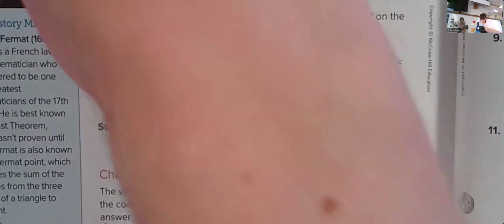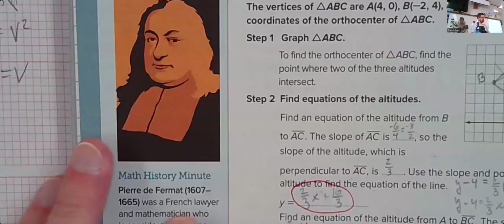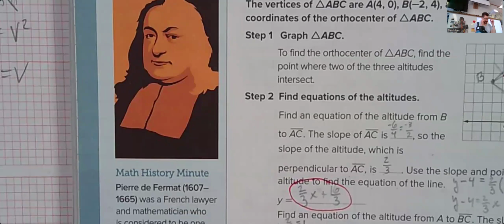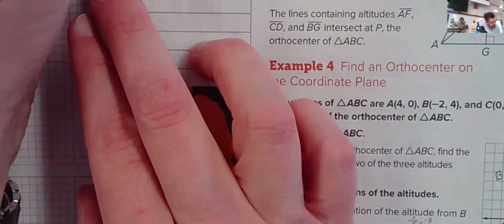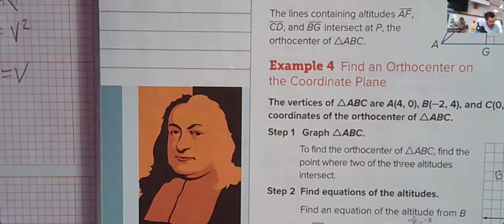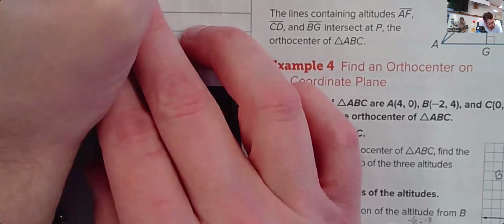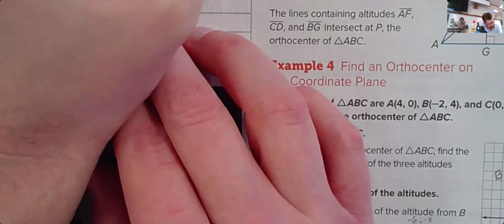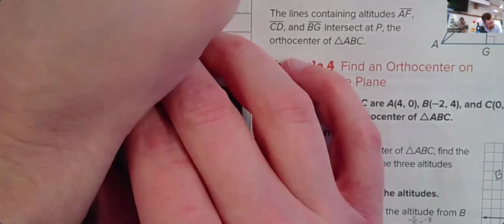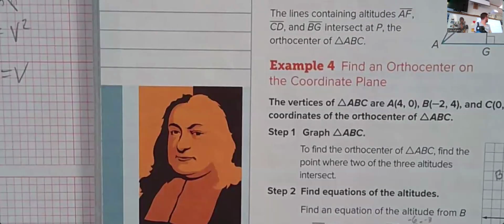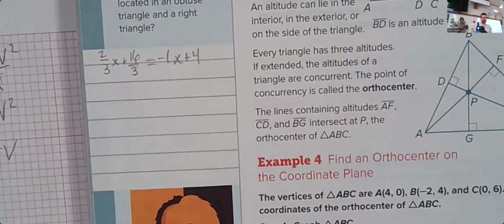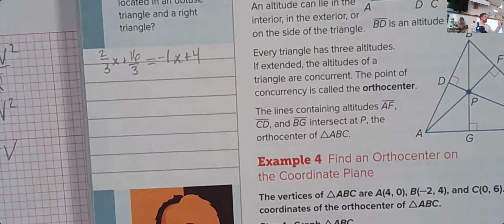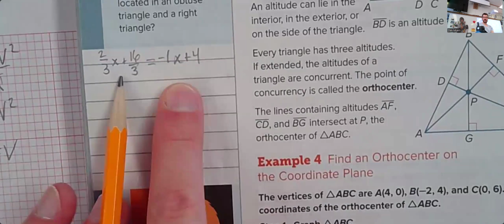So I'm just going to go up here to the left and write those two equations equal to each other. 2/3 x plus 16/3 is equal to -1x plus 4. The right sides of the equations were both equal to y, which means both right sides have to be equal to each other.